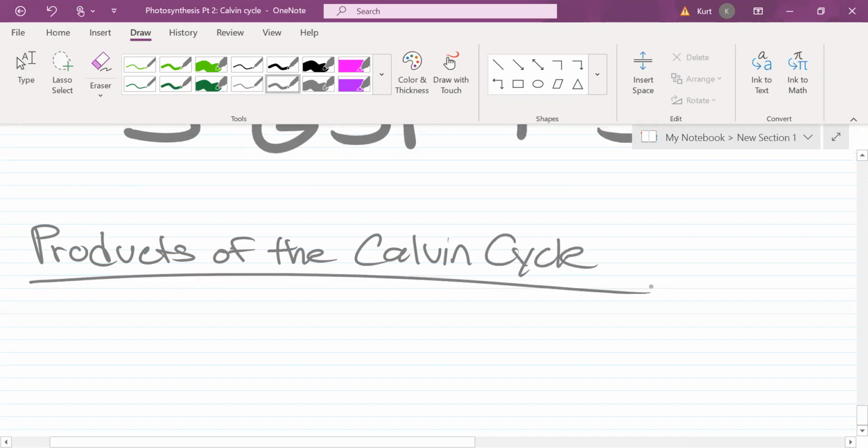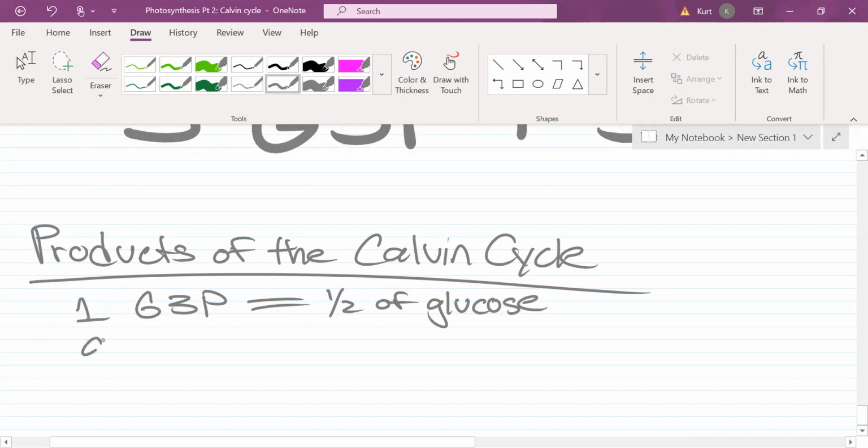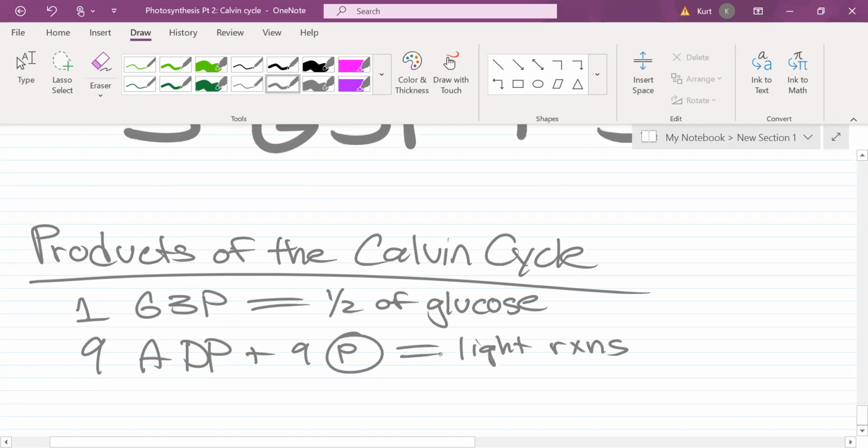Products of the Calvin cycle. 1 G3P. That's going to be half of glucose. 9 ADPs. You used up 9 ATPs, so now you're going to form 9 ADPs. They're going to go back to the light reactions. They're going to reload.